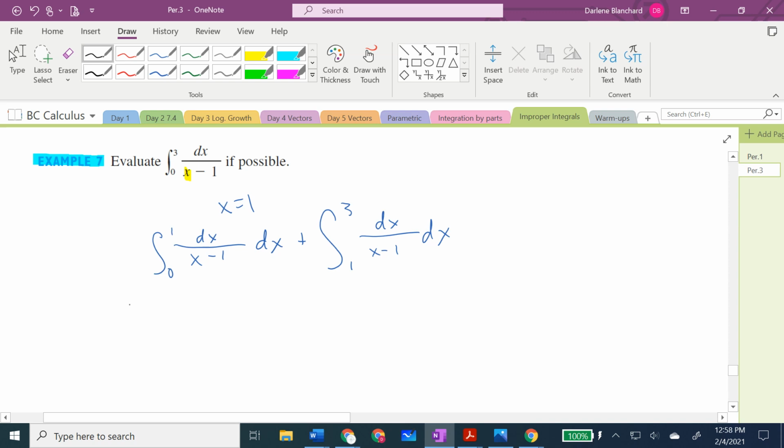Then I need to change these into limits. And if I am between 0 and 1, I'm on the left side of 1. And let's see, 0 to b. And then for this one, I'll use a. And if I am from 1 to 3, I am approaching 1 from the right side.